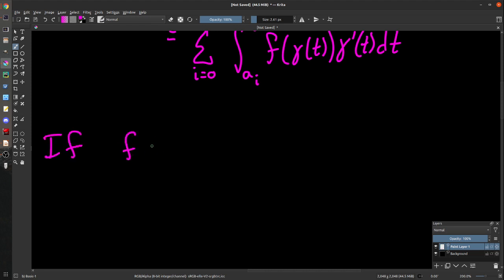If f is u plus iv, where these are functions u and v, right? This is the regular real piece and the imaginary piece. I'm going to skip writing all the x's and y's because it'll just make everything messier. And dz is equal to dx plus i dy.